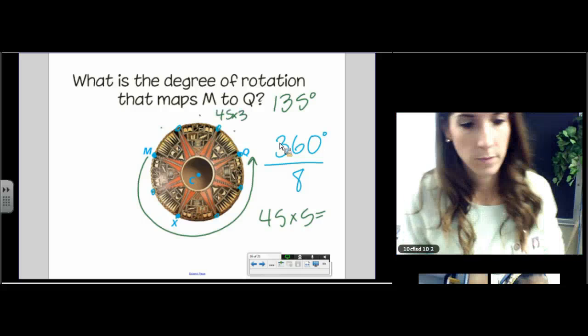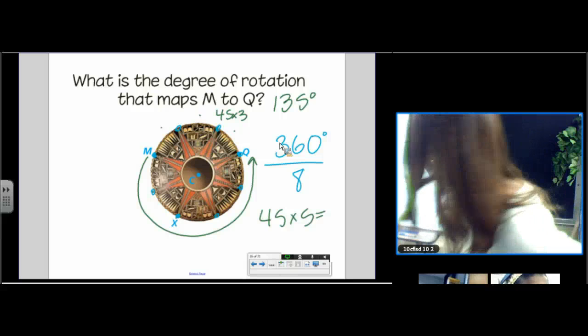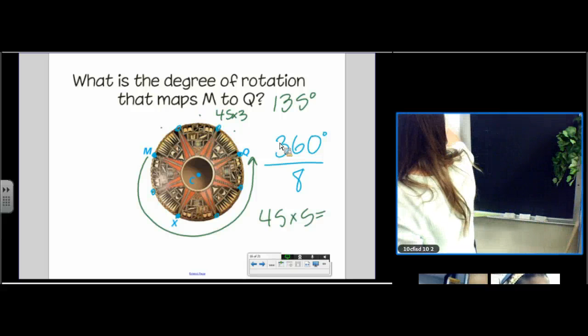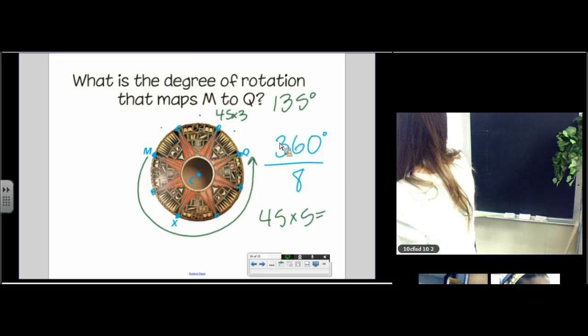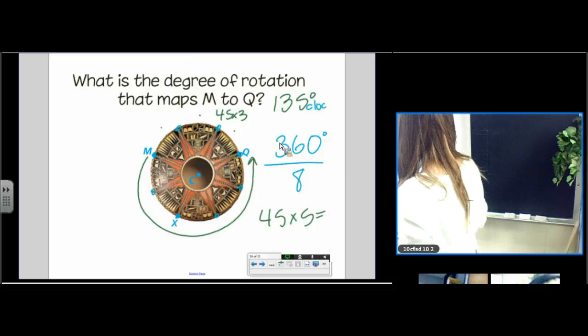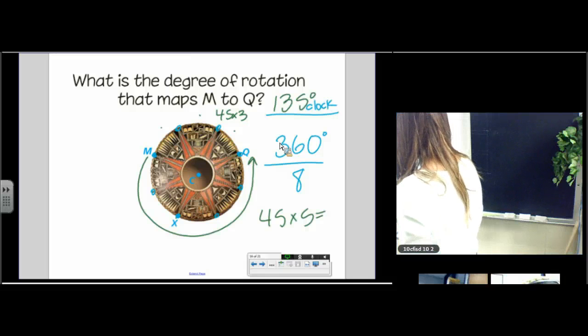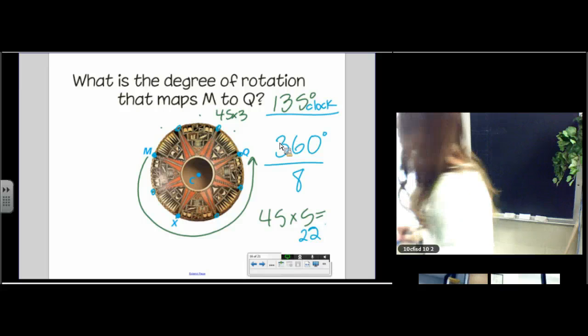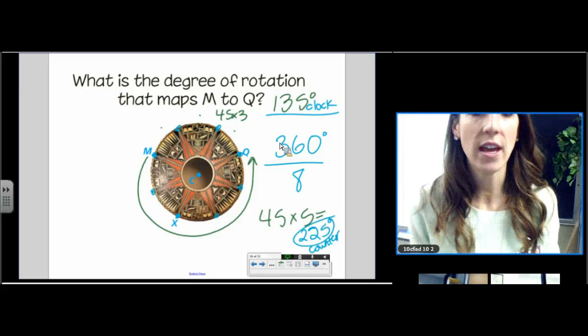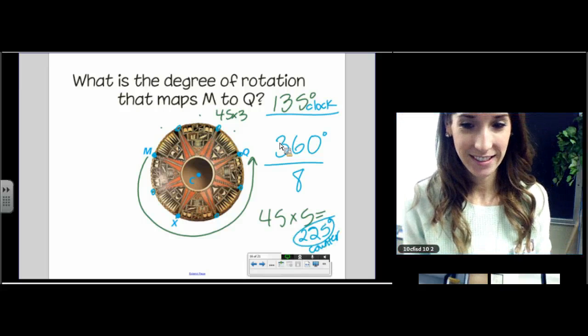Oh my goodness. Sorry. So the first one we did right there, this was the clockwise one. And then 225, this 45 times 5 is 225. That's the counterclockwise one. So we have 2 answers because they were not specific enough with their question.